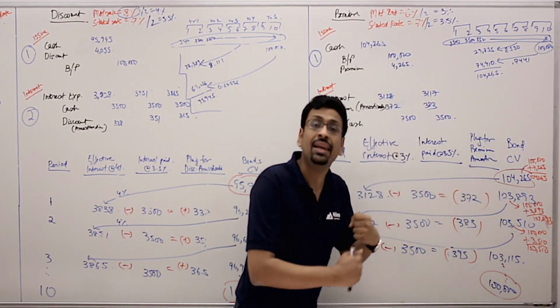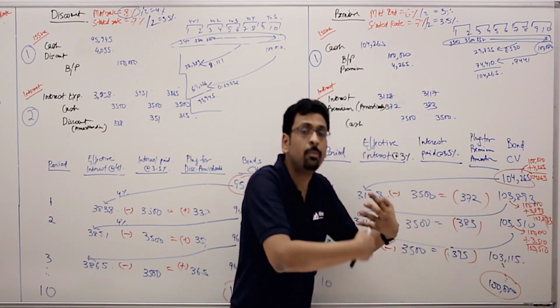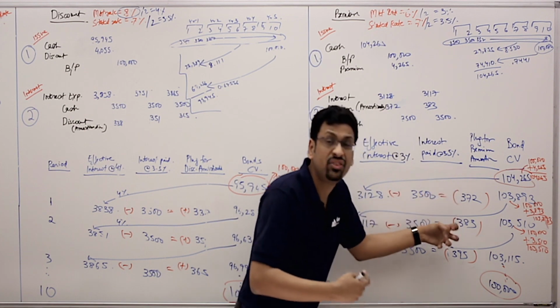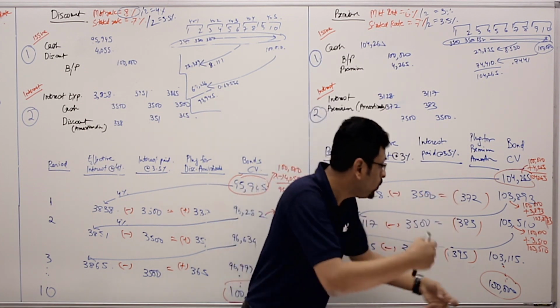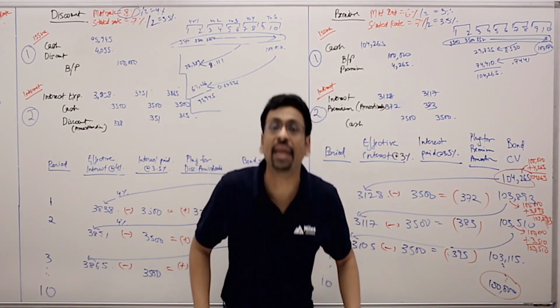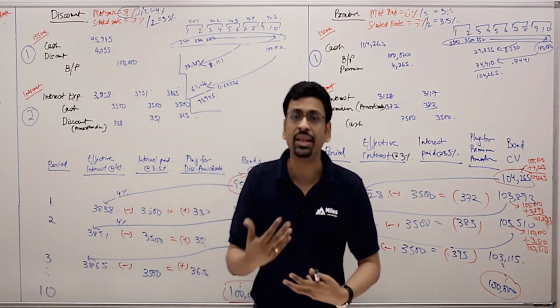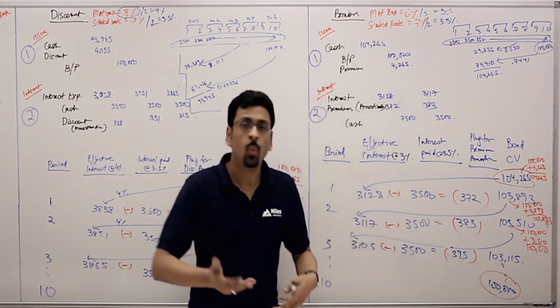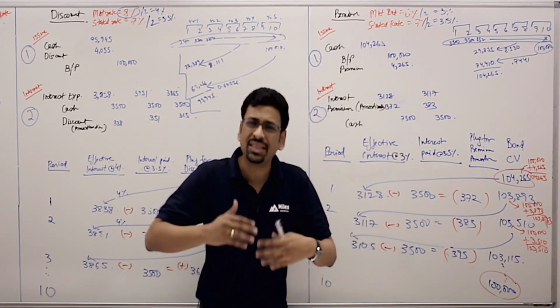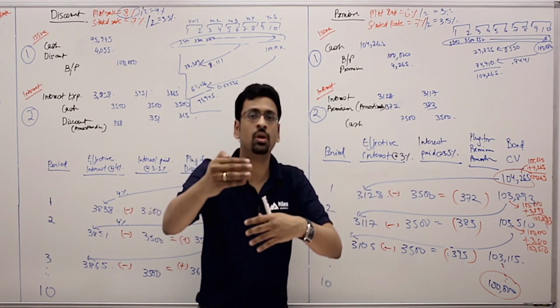Initially, we ran a little slower. It was 372. Then, as we built momentum, the speed increased. So it was 383, 395, such that we reached $100,000 in 5 years or 10 periods. So guys, this was amortization using the effective interest rate method. When the amortization amount is a little lower initially, as you go on, it increases.